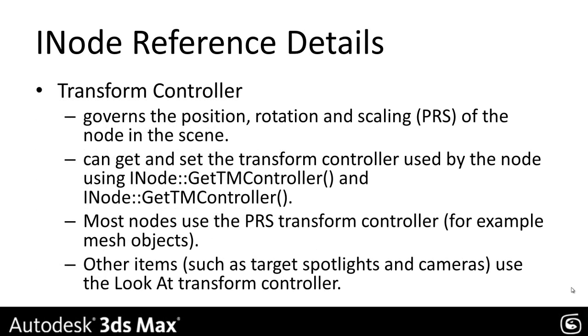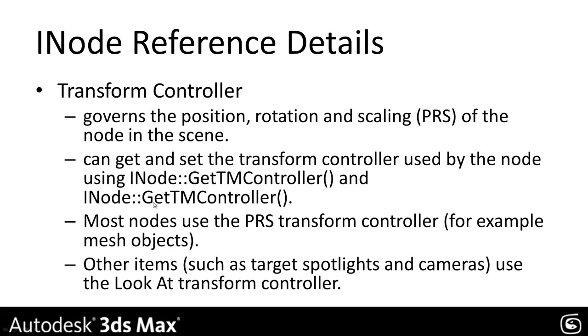So let's first talk about the transform controller, and again this governs the position, rotation, and scaling typically, so that's the PRS controller for the node in the scene. You can get and set the transform controller used by the node using the INode GetTMController and SetTMController.